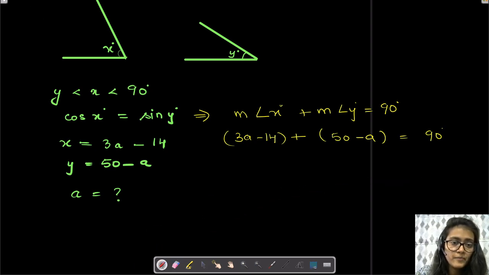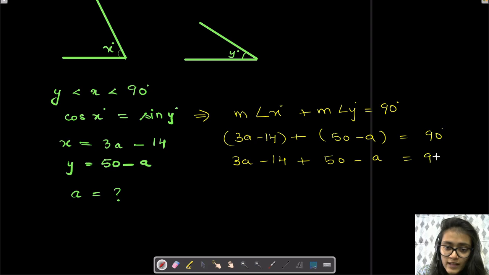I'm really sorry. So this is 3a minus 14 plus 50 minus a equals 90 degrees. Now 3a minus a is going to give us 2a, plus 50 minus 14 is going to give us 36, and this is equal to 90.